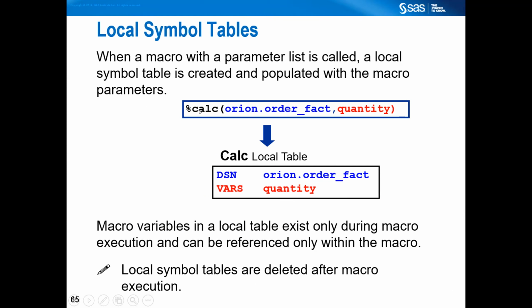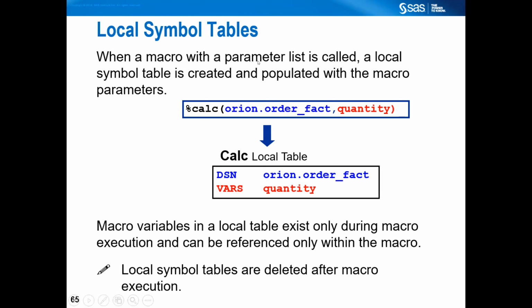Once the calc execution is over, your SAS memory is freed up from this local symbol table, and hence it's always recommended to create a macro with a parameter list so that it's temporarily assigned into the local symbol table, and the memory space is reutilized.